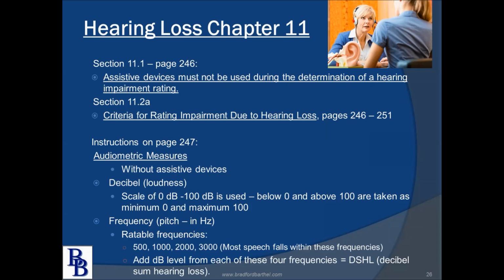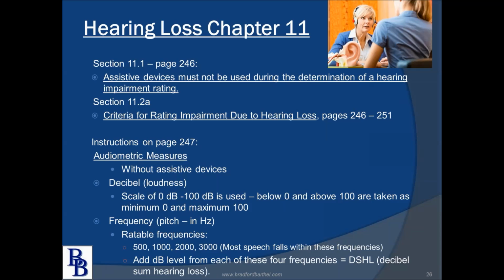So here we go. Section 11.1, page 246 is within Chapter 11 of the AMA Guides, talking about specifically hearing loss. Chapter 11 covers more than hearing loss, but this is the part we're going to cover. Page 246, it tells us assistive devices must not be used during the determination of a hearing impairment rating.